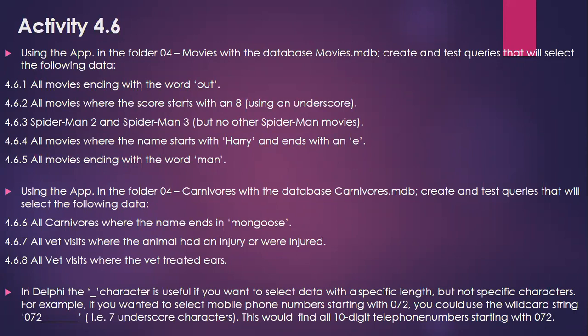Okay, so I would like you, please, to give me the answer to 4.6.1, which says, using the app in the folder 04 under movies with the database movies.mdb, create and test queries that will select the following data. So I would like you to please give me the SQL statement for all movies ending with the word out.